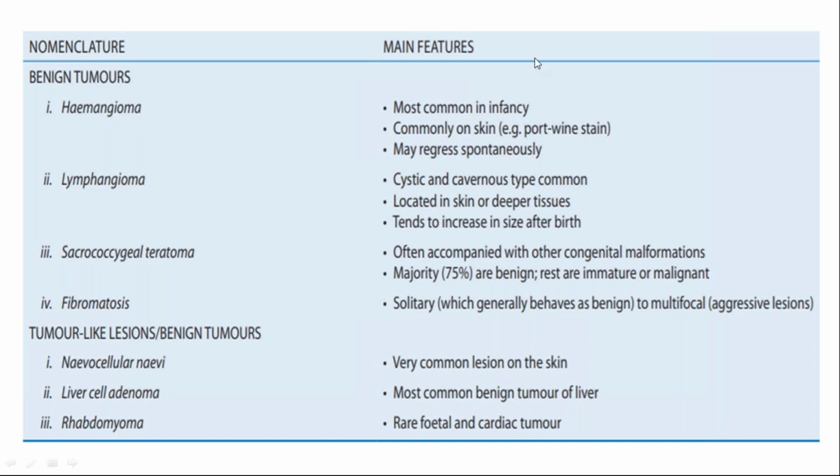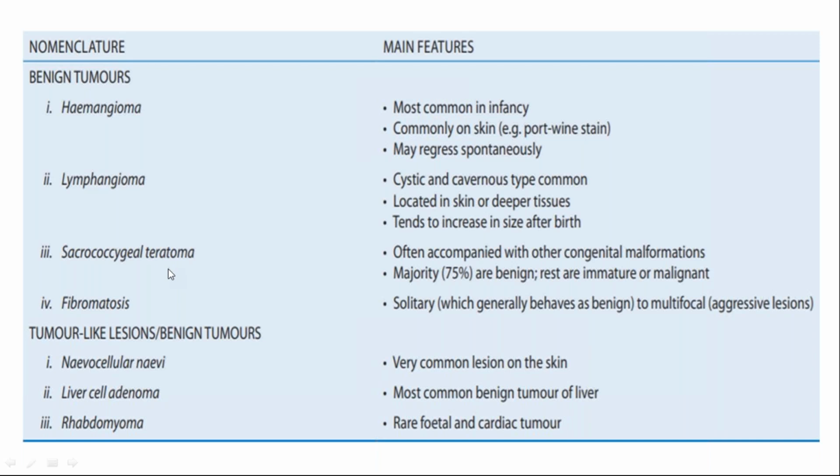So hemangioma, lymphangioma and sacrococcygeal teratoma. This is most commonly seen in infancy as a congenital malformation. In the sacrococcygeal region, we see a teratoma. Teratoma means a tumor with presence of all the germ layers. All three germ layers will be present as a mass-like structure.